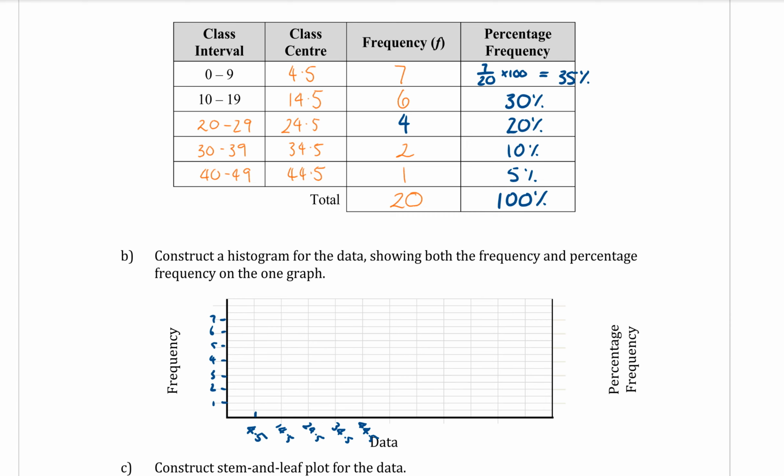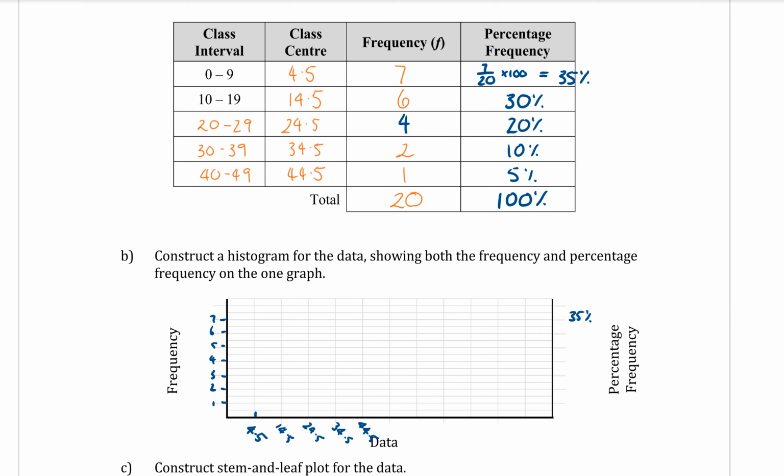Okay, before we sketch anything, let's also do our percentage frequency. Again, not looking at the total, our highest frequency was 7, and it had a percentage frequency of 35. So this 7 here needs to be in the same line as 35%. Make them the same height.